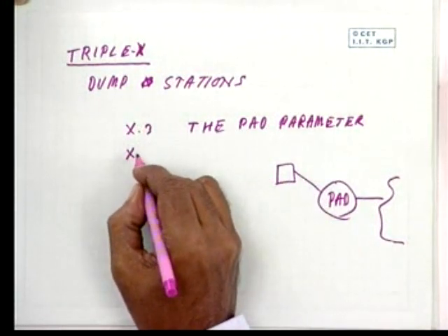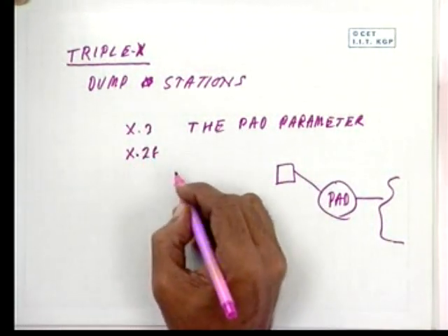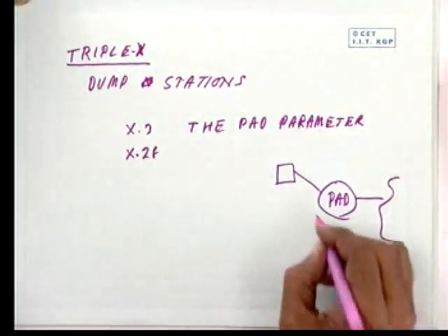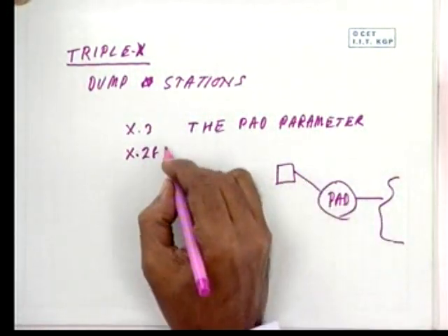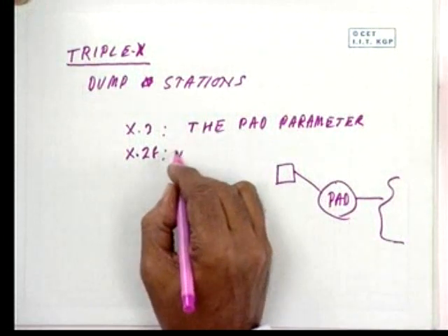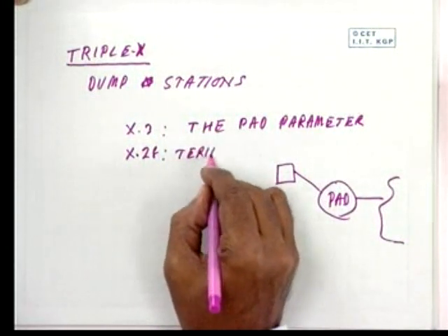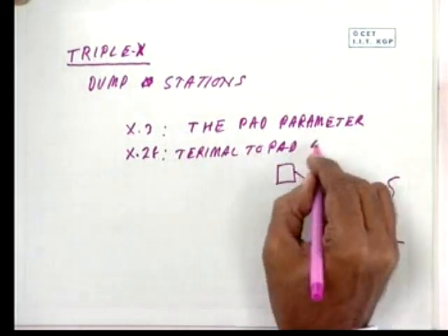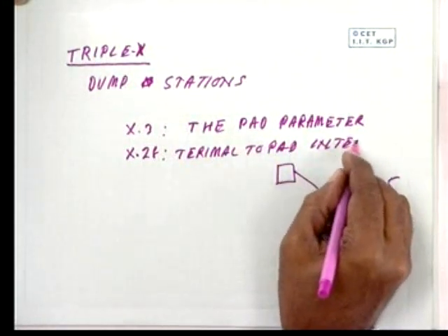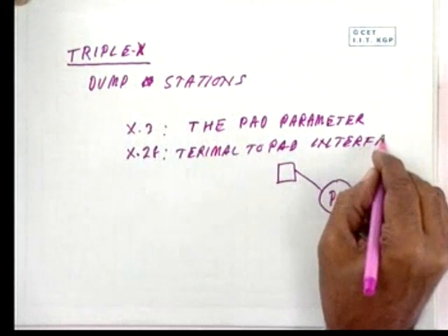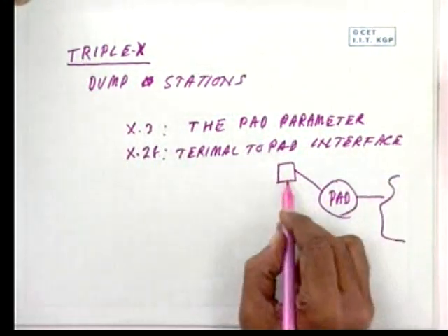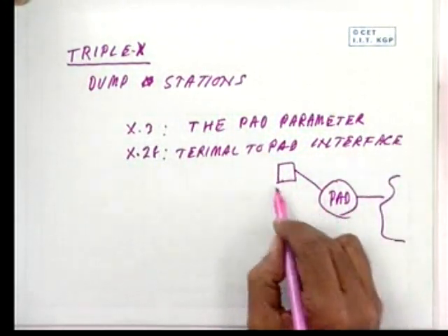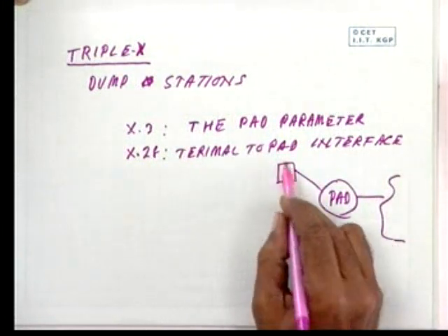Another protocol is X.28, which provides you the terminal to PAD interface protocol, which is equivalent to DTE to PAD, you can say, data terminal equipment to PAD, which is the end user equipment.